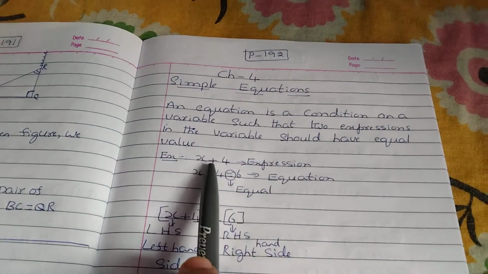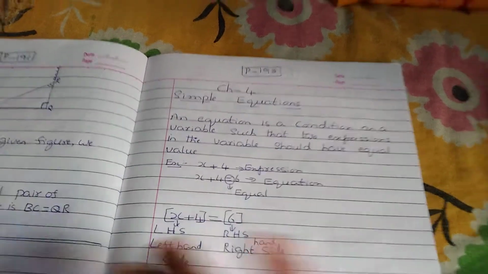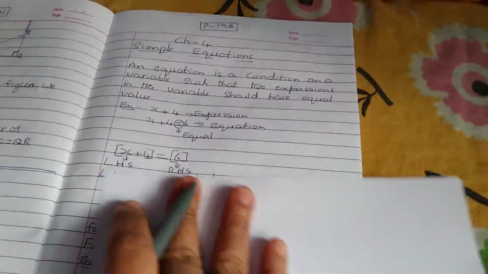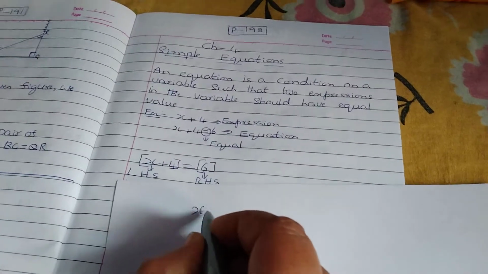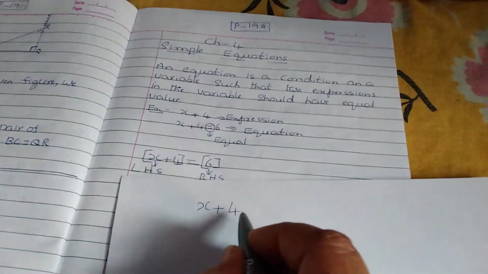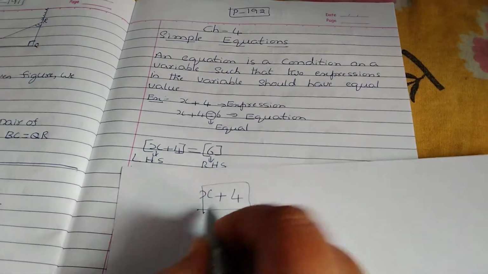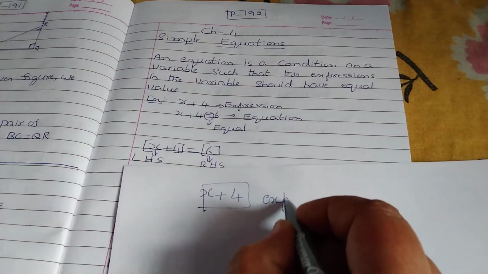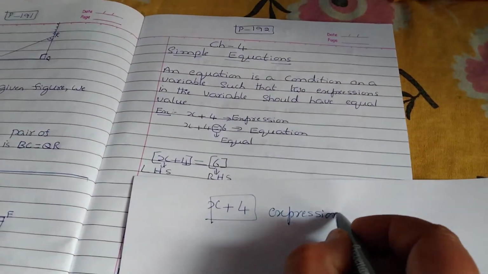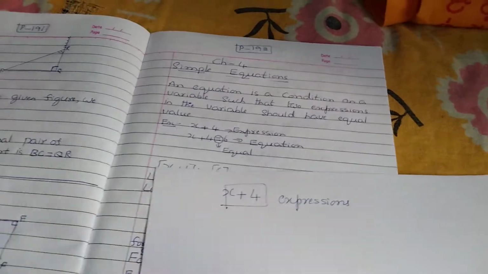For example, here x plus 4 is an expression. I will write, see here, x plus 4. We call this an expression.